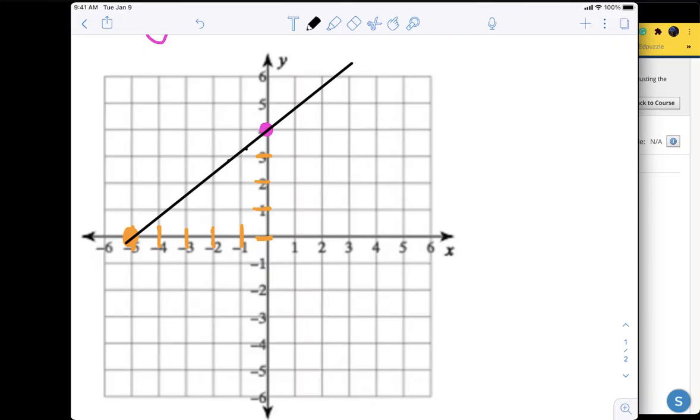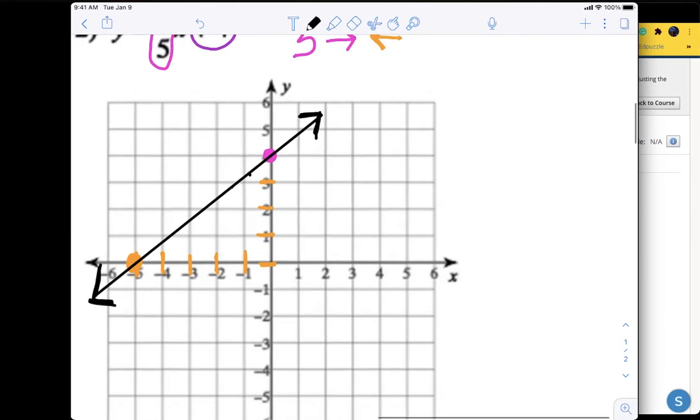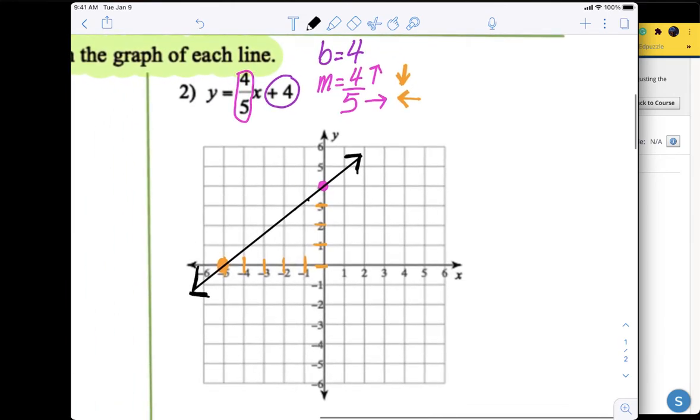No. How do I move it? Oh, there we go. Look at that. Like that. And then I'm putting an arrow in one end, an arrow in the other end. And there is my graph for number 2.